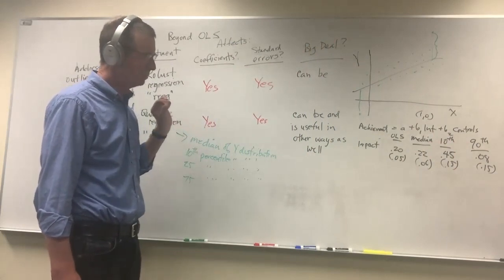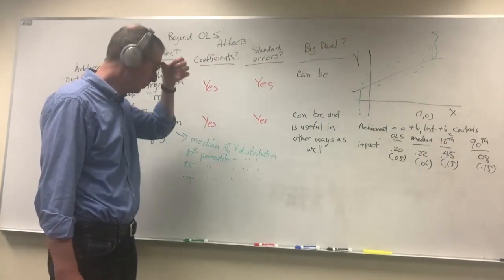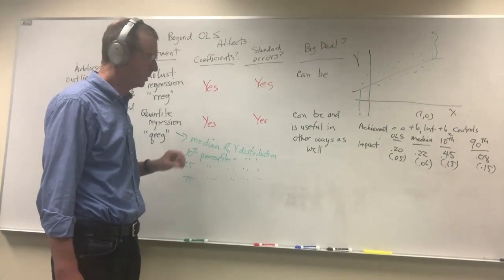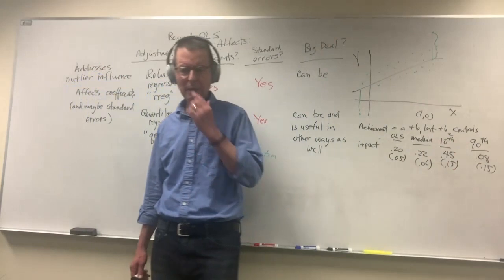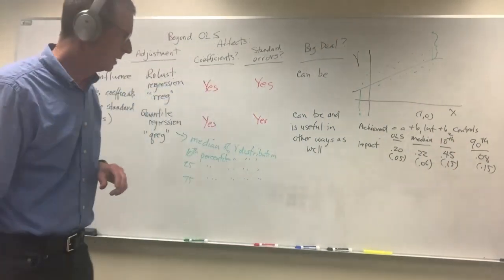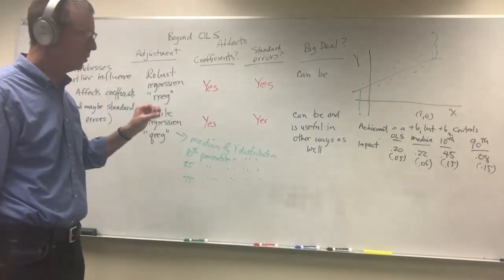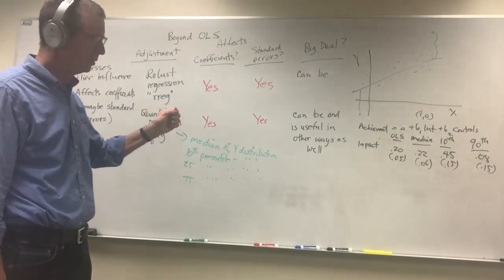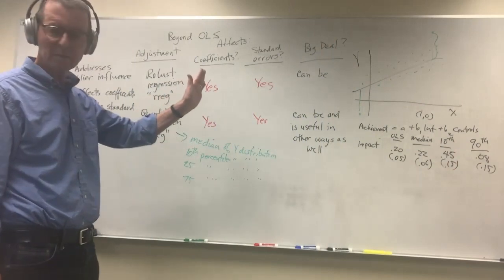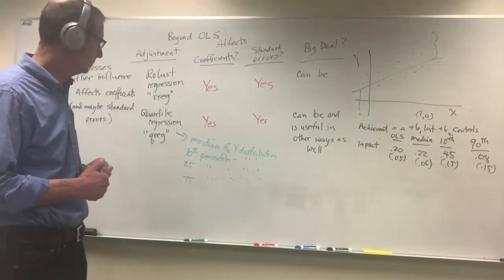So it doesn't routinely happen that people turn to quantile regression, but it's useful to know that it's there and it's easy to implement in Stata, because in some cases you do want to examine what the distribution of impacts look like all along the distribution of your dependent variable.